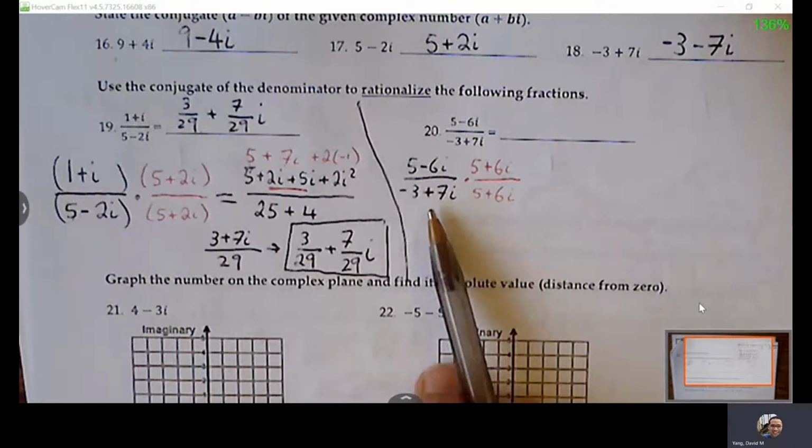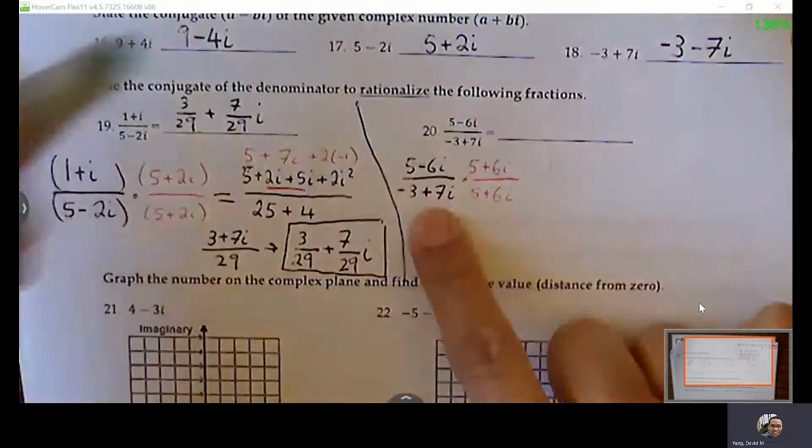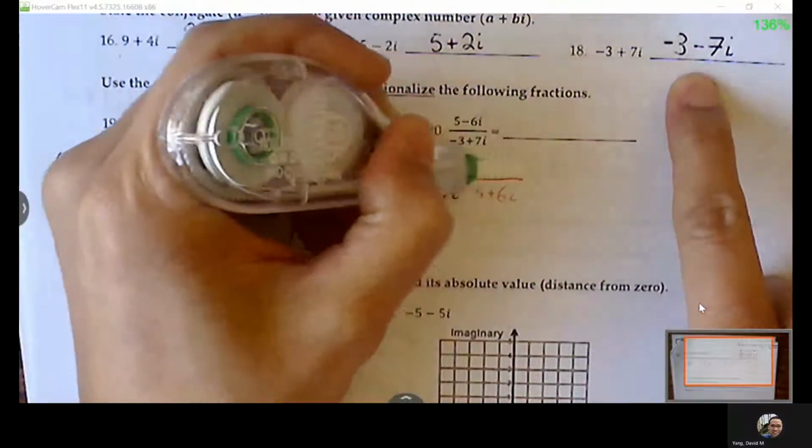Oh, I'm sorry. I should have multiplied by the conjugate of the denominator, not the numerator. My bad. Should be -3 minus 7i.